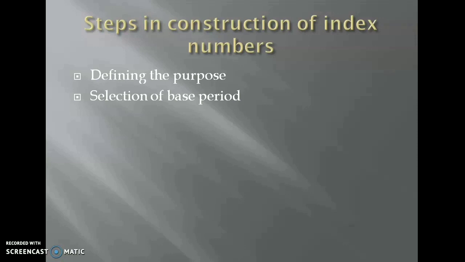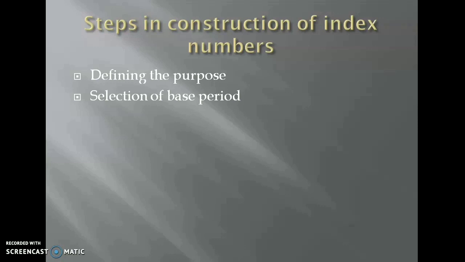That means there should not be any inflation or deflation in the year which we are going to select as the base period. The second one is that the base period should not be too distant from the current period. There should be a nominal distance between the base year and the current period. And the last one is that, depending on the situation, the base period is fixed or chain based.